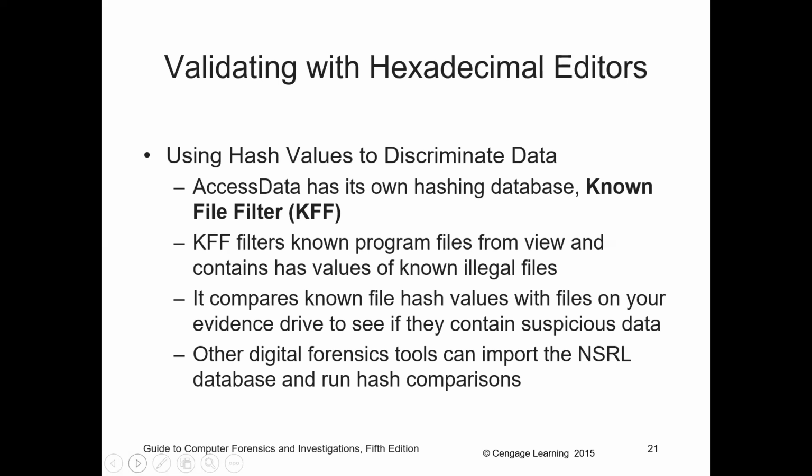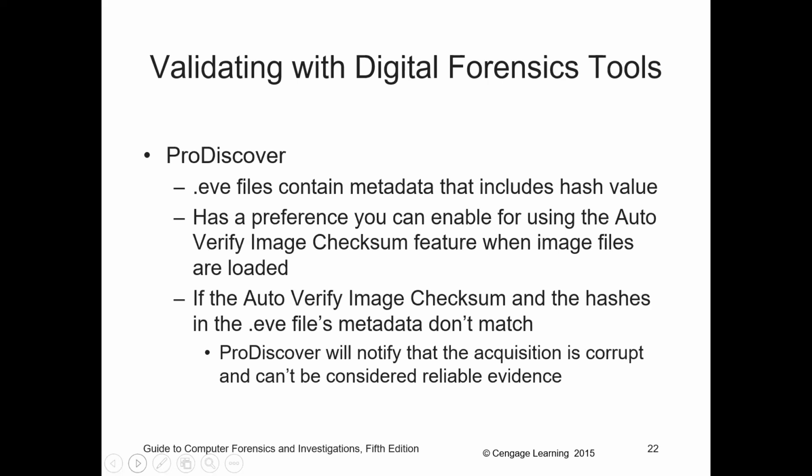It compares the known file hash values with the files on the evidence drive to see if they contain any suspicious data. Our digital forensic tools can import this into the NSRL, that's the library database, and run these hash comparisons. Of course, that one is readily available, and there are several tools.